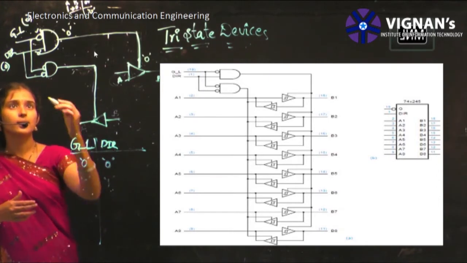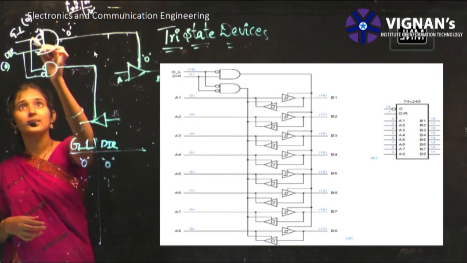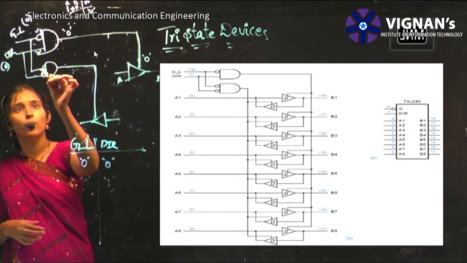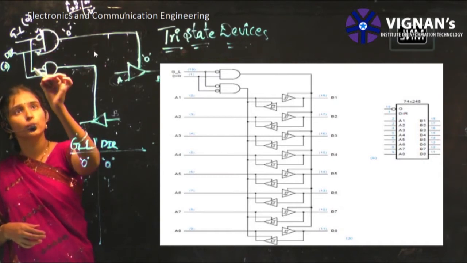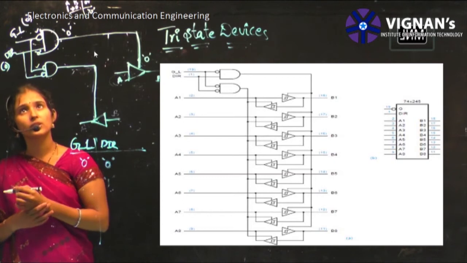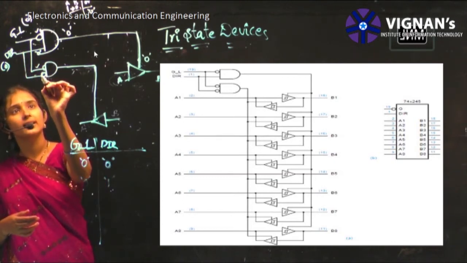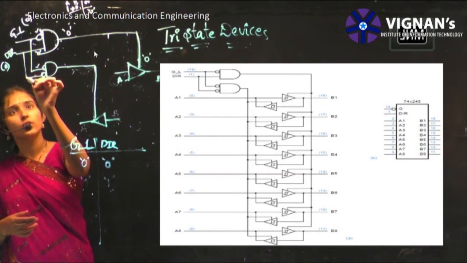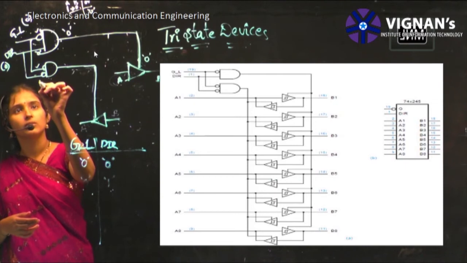Coming to this other AND gate, this 0 will be provided to an active low input. Whenever you give 0 to an active low input, it will be activated, so this will be in the active state. At the same time, you provide 0 to this inverter, so 0 bar will be 1.